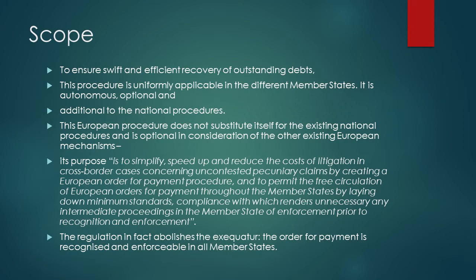It is a much better idea to establish an average procedure throughout the European Union. And it's also a very good idea to abolish a very old tool like the exequatur and to try to get standards, the minimum standards. Let's see, this is the main problem within the European Union.